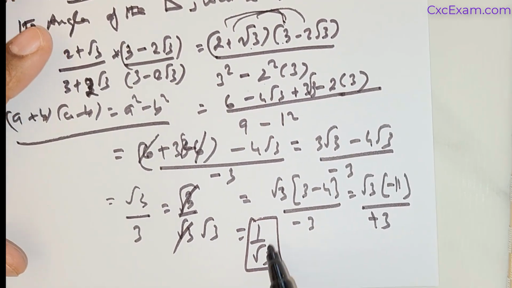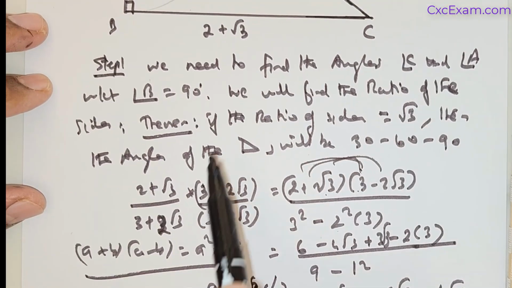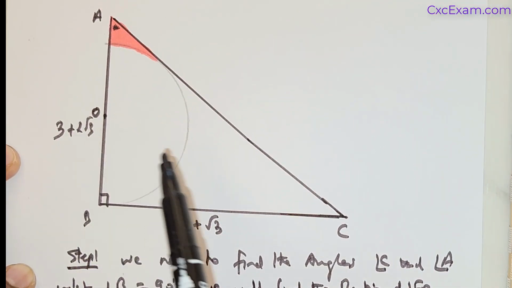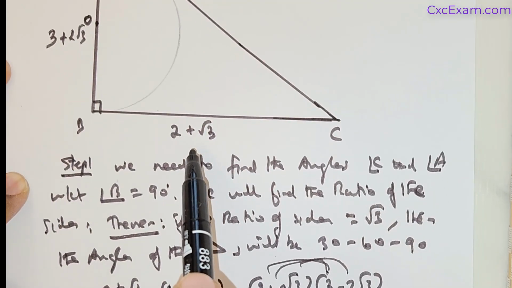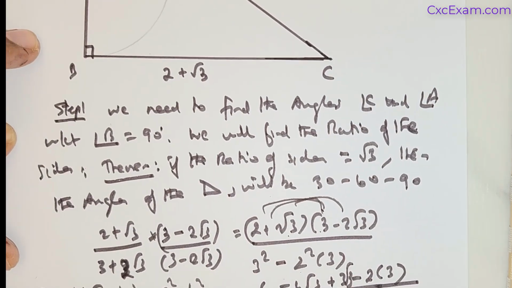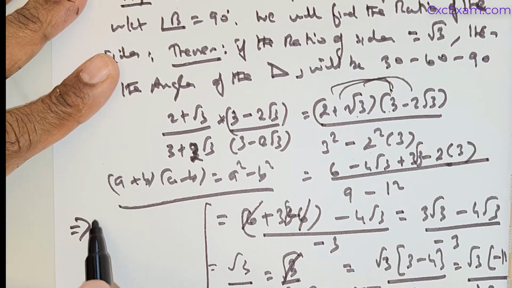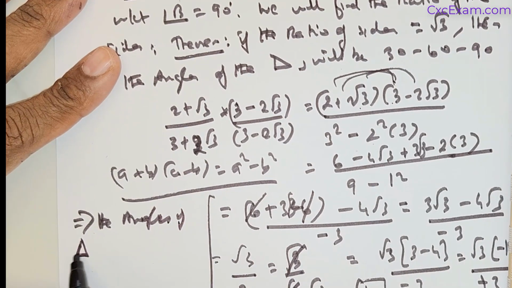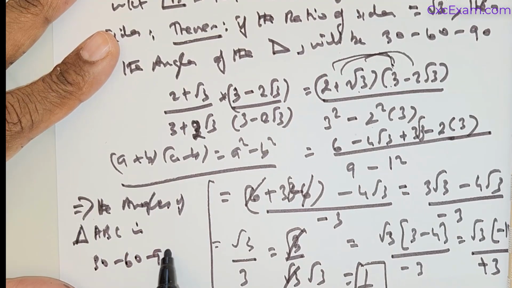So we are getting the ratio as 1 over root 3, but still the rule can be applied, because instead of considering 2 positive root 3 over 3 positive root 3, if you were to consider 3 positive 2 root 3 over 2 positive root 3, then the ratio is going to be root 3. So the conclusion is this means the angles of the triangle ABC is 30, 60, 90.